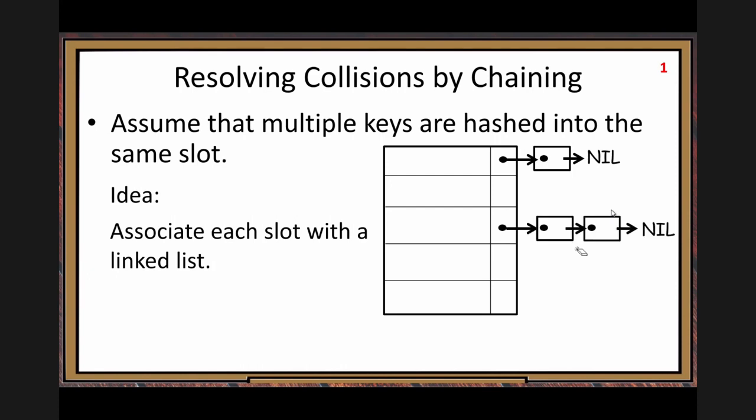Then, think about it: the first element hashed into a slot, you do not even need a linked list, because there is no collision. You just put it in the normal place, an empty slot.